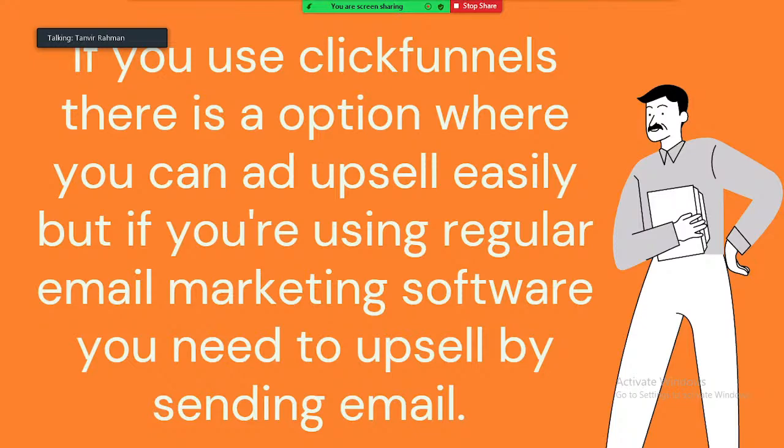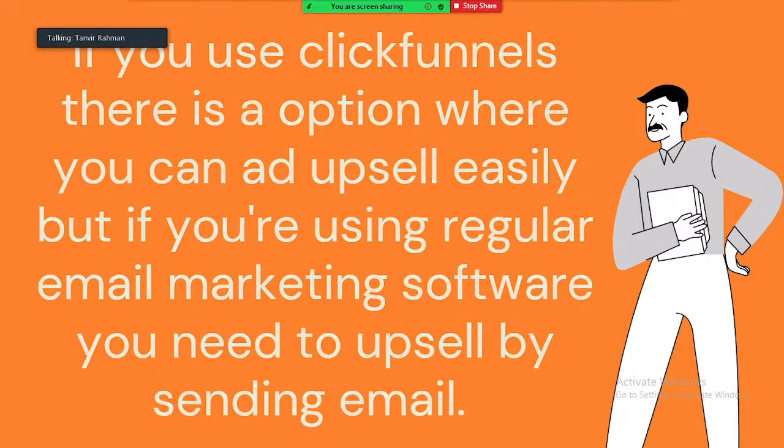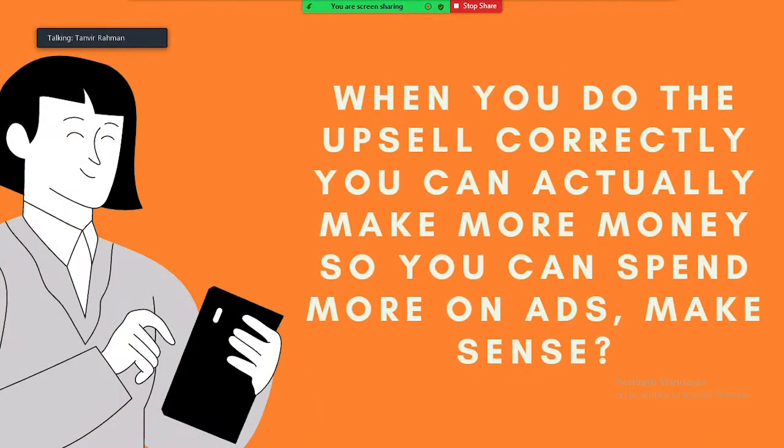There's also going to be a reason they can get the upsell. When you do the upsell correctly, you can actually make more money, so you can spend more on ads to grow your list and your network as well, right?